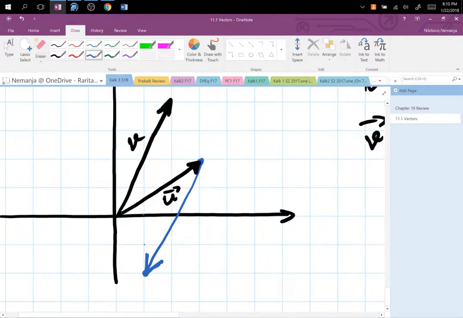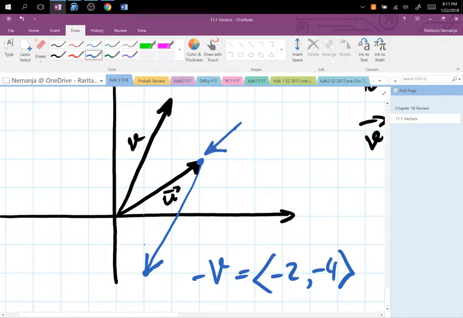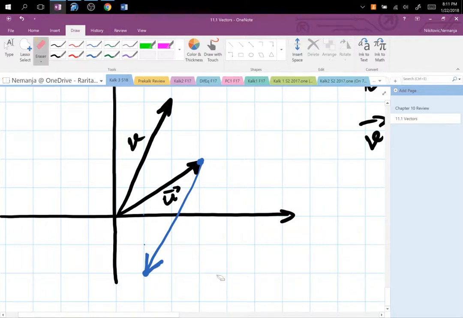Or if you know that your negative v is -2, -4, like I did, I put this point here first, and I counted -2 from that point. So I regarded this point as the new origin, and I simply counted -2 to the left and -4.